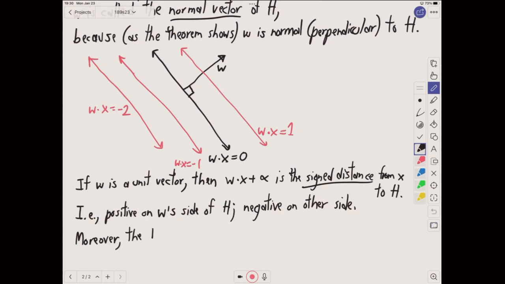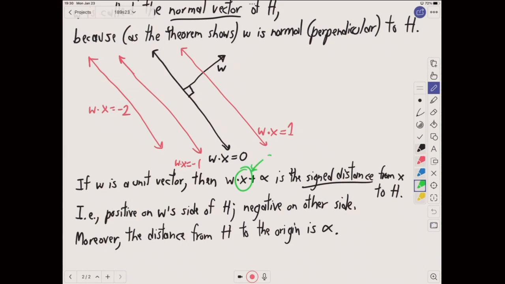Moreover, it's pretty easy to see that the distance from h to the origin, that is, the origin of our coordinate system, is alpha. So that's what alpha encodes: the distance to the origin if W is a unit vector. How do we know that? Yeah, thank you. Replace x with 0.